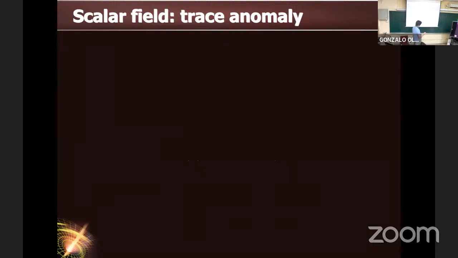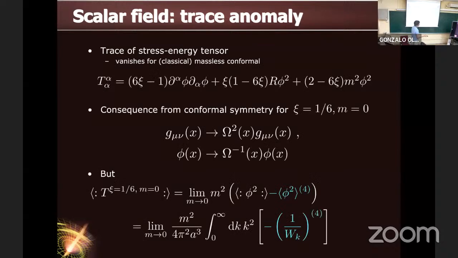So, okay. How does this arise in the adiabatic method? You just have this term here for the conformal field, and you notice that I included the quantity that I was talking about previously, that includes the first two adiabatic orders, but I also have a fourth one, which is finite. So why is it here? Because when you renormalize the whole energy momentum, it diverges up to fourth adiabatic order, so you need to include this fourth term.